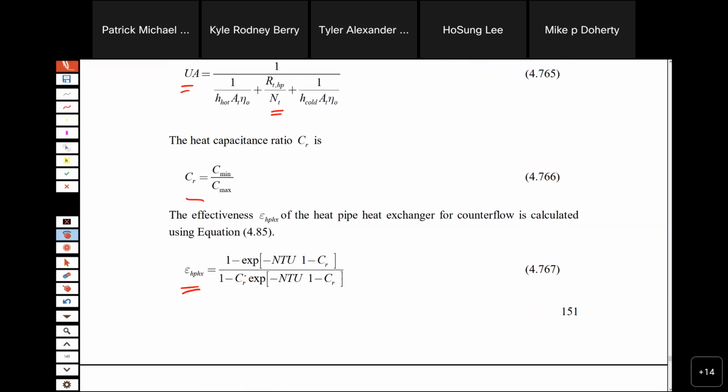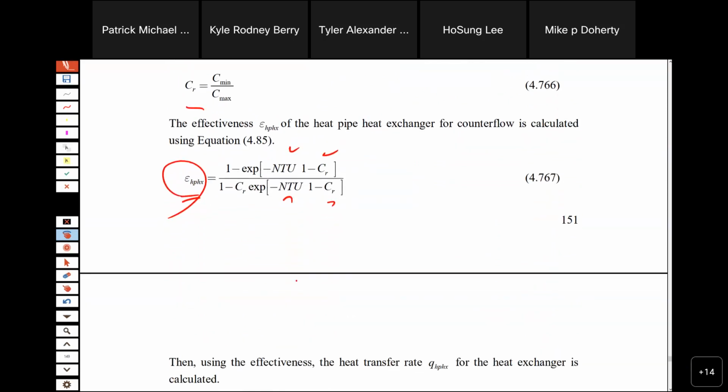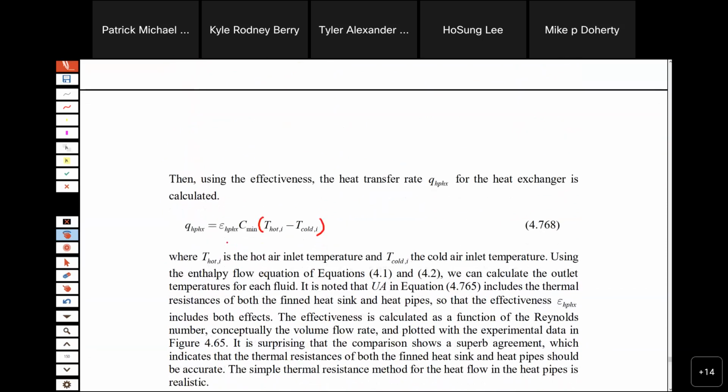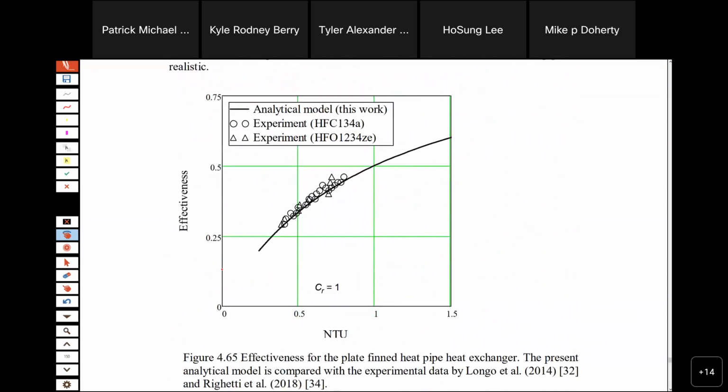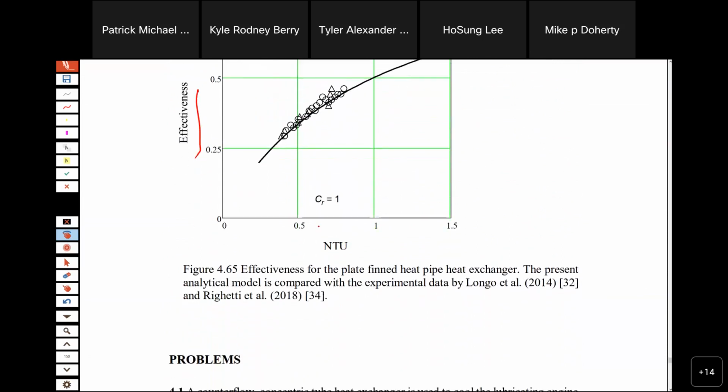No matter how, as long as it's counter flow, you can use the counter flow NTU. That's powerful. Once you have that, you can calculate heat transfer and pressure drop also. Using the effectiveness compared with some experiments, the analytical result is in good agreement. Okay, this is my work.